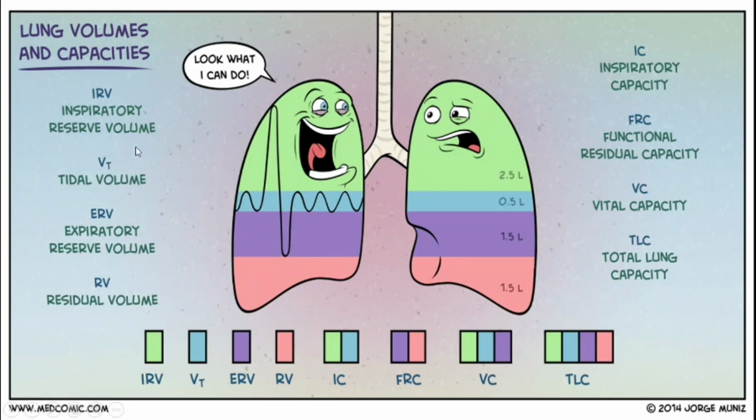So what is tidal volume? The tidal volume is the volume of the air that is being inspired and expired during normal breathing. So what is normal breathing? Normal breathing means the breathing which we do in the resting phase. For example, while you are listening to my lecture, this is your normal breathing.